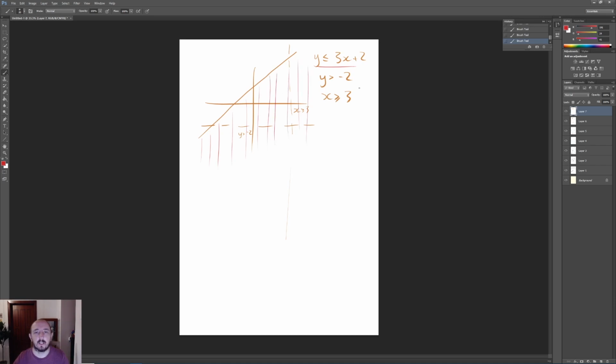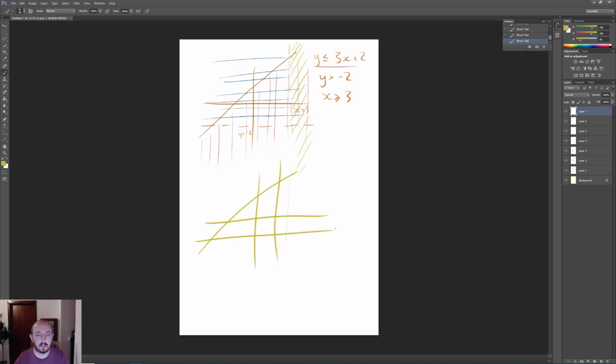Then we've got to be greater than negative 2, so we've got to be above this line, and then we've got to be to the right of 3. So we've got to be this side of 3. It starts to look a bit messy, so let's try to think about that.